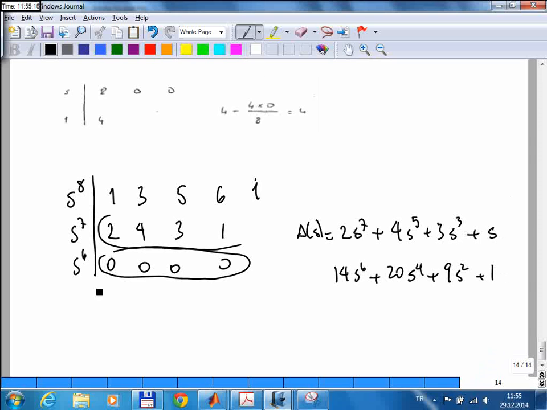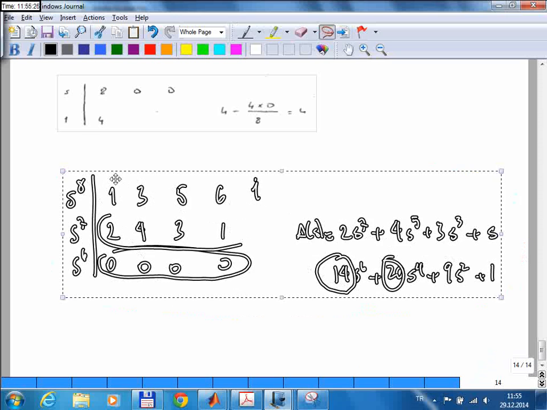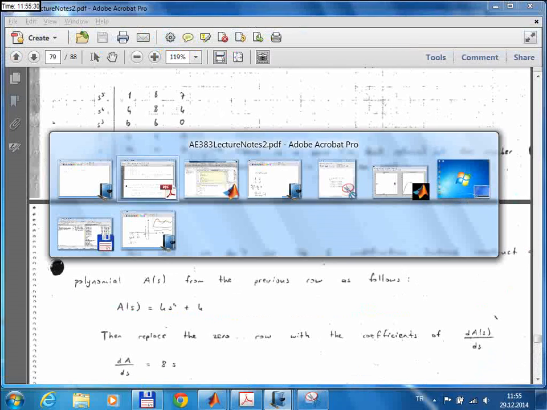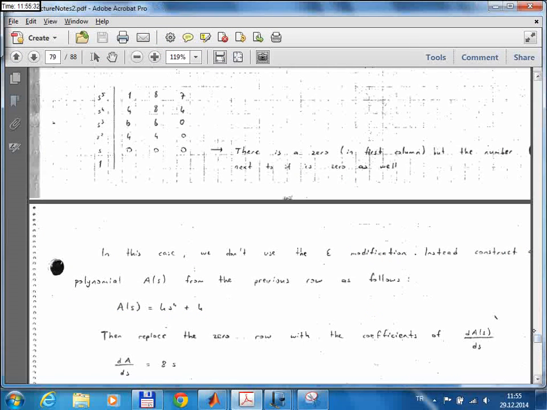So instead of this zero row, we would use these numbers here. Okay, so you complete the array without any divide by zero errors.